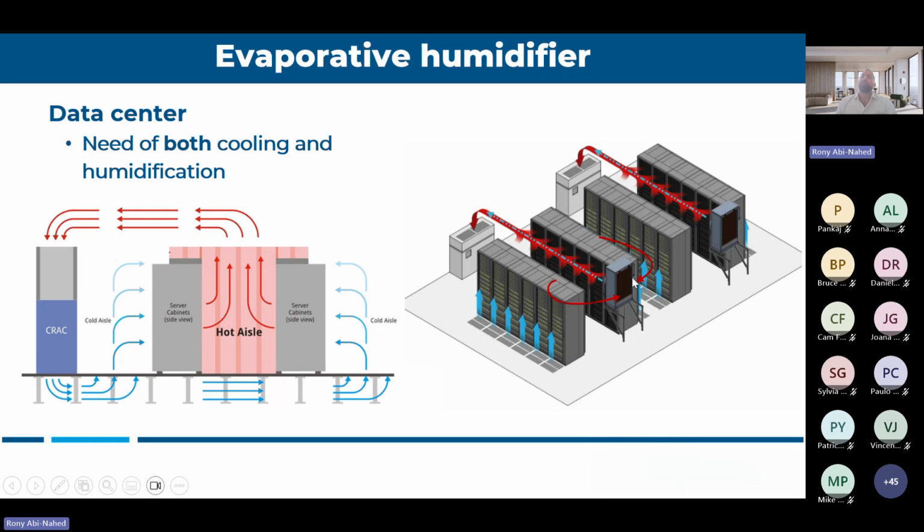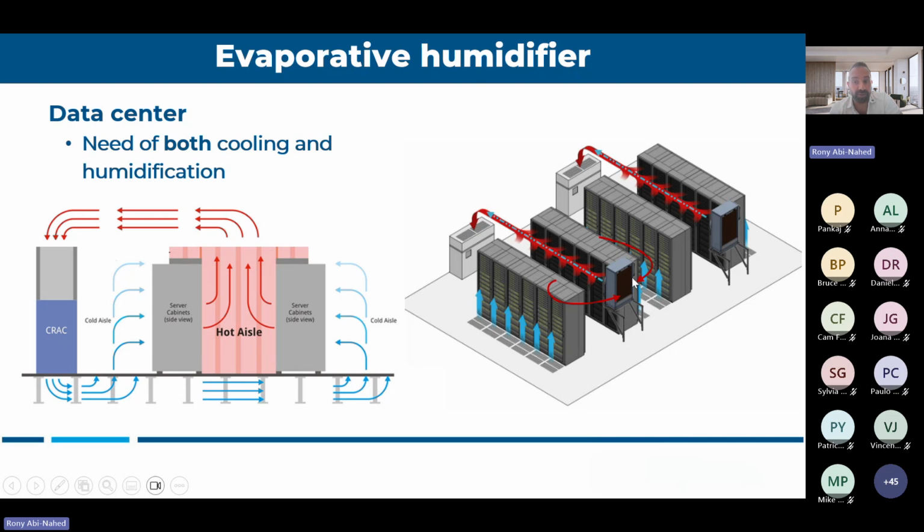So that's why a lot of data centers for the past couple of years are being designed around these units, because these units don't cost much, don't need much maintenance, and it can save you a lot of energy by doing the evaporative cooling effect, the adiabatic effect and the humidification process. But keep in mind, these at the end of the day are humidifiers.